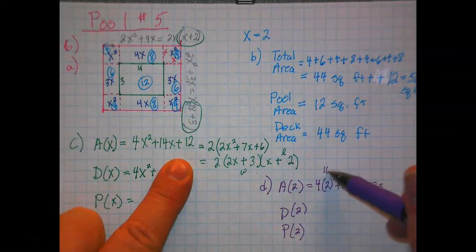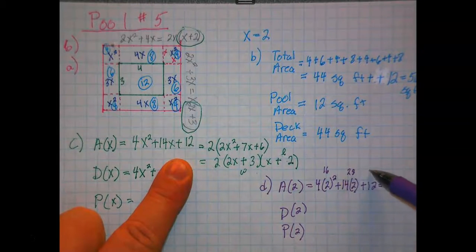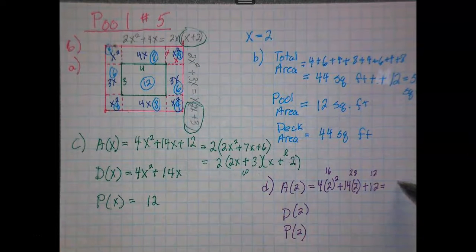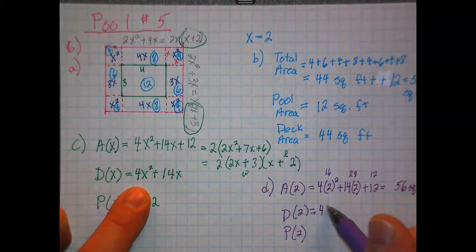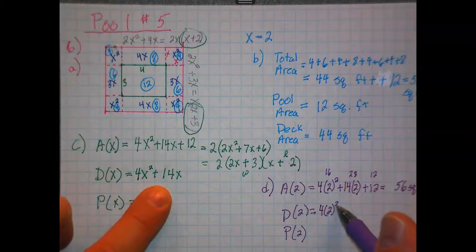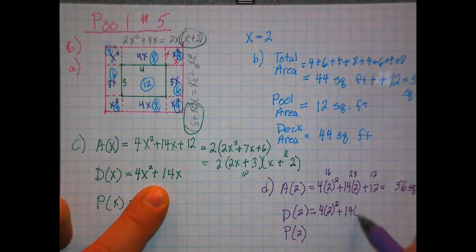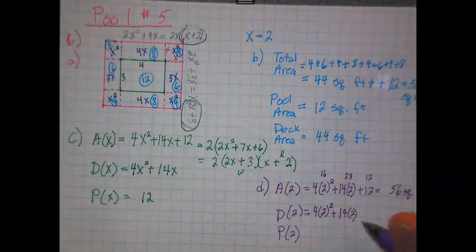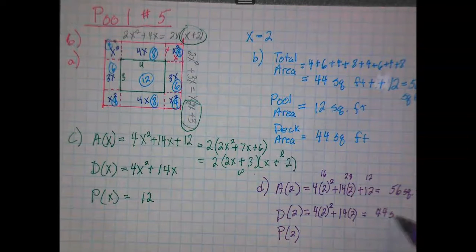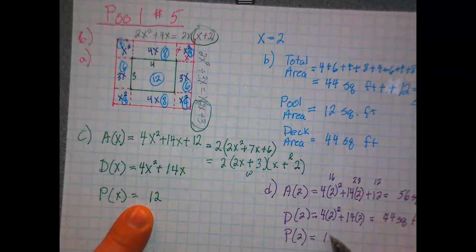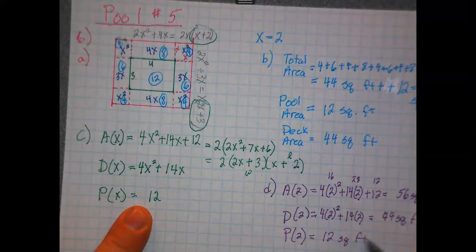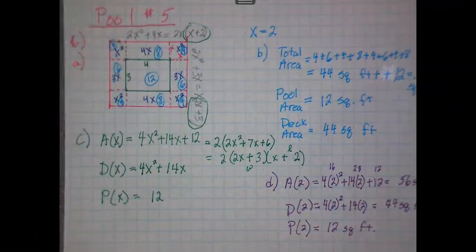See, 16 plus 28 plus 12 is indeed 56 square feet. D of 2, they have 4 times 2 squared plus 28 again. So 16 plus 28 is our 44. And then nothing changes with the 12. So far, so good.